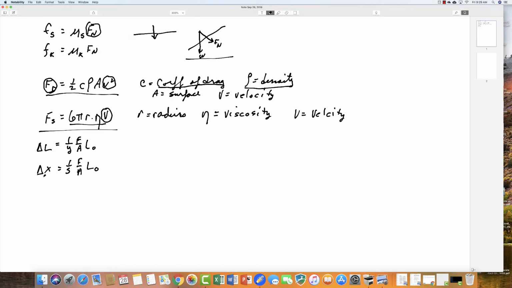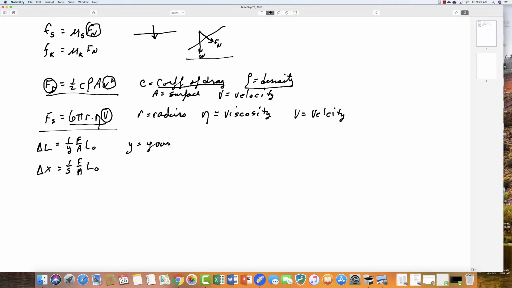And this tells you how much perpendicular change in a material there is if a force is applied perpendicular to that object. And Y here is Young's modulus.